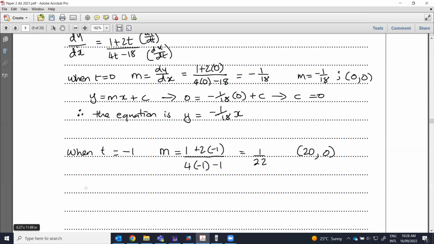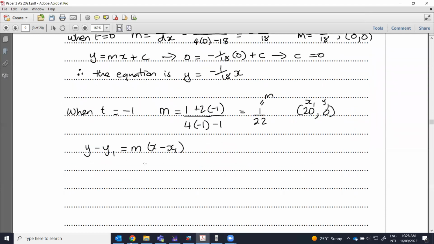The one-point gradient formula looks like this: y minus y1 is equal to m times (x minus x1). This is my x1, y1, and this is my m. I just substitute here, and then I'll write this in standard form.